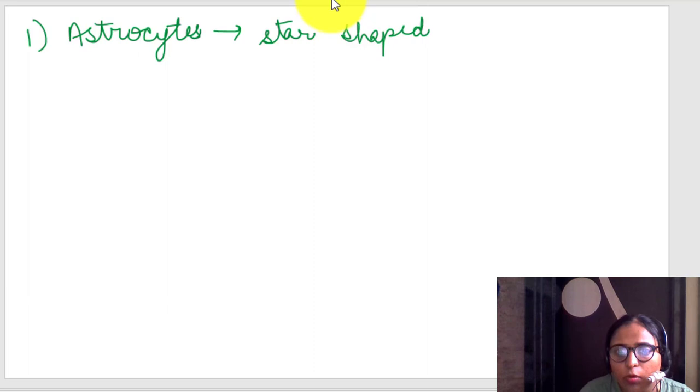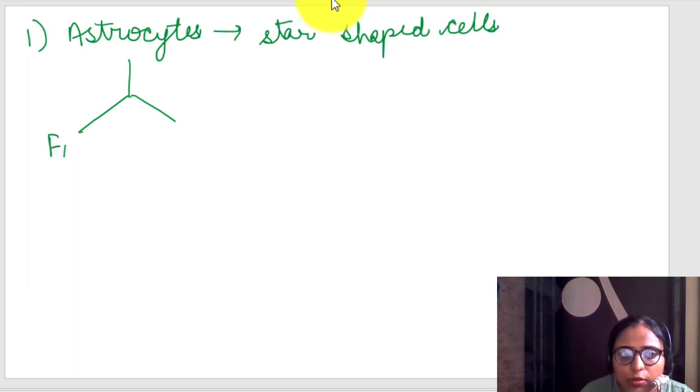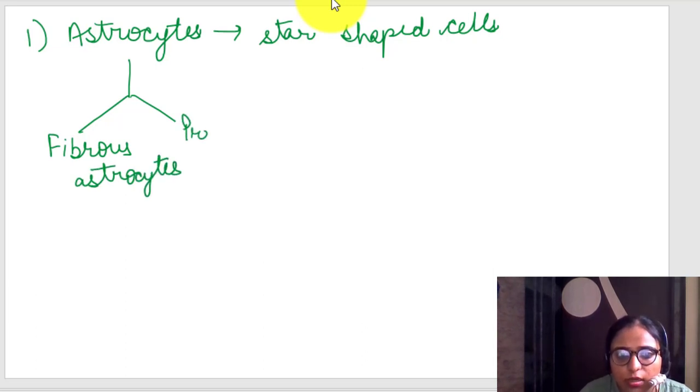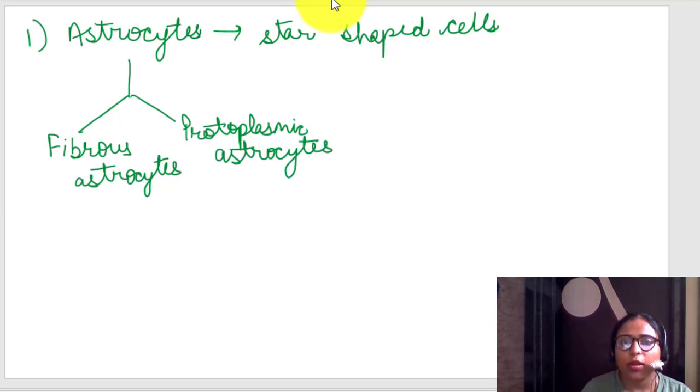And the astrocytes are also further classified into two types: your fibrous astrocytes and your protoplasmic astrocytes, right? It's very easy, don't worry. You just have to remember the name. Later I'll frame a story so that it is fixed in your mind.